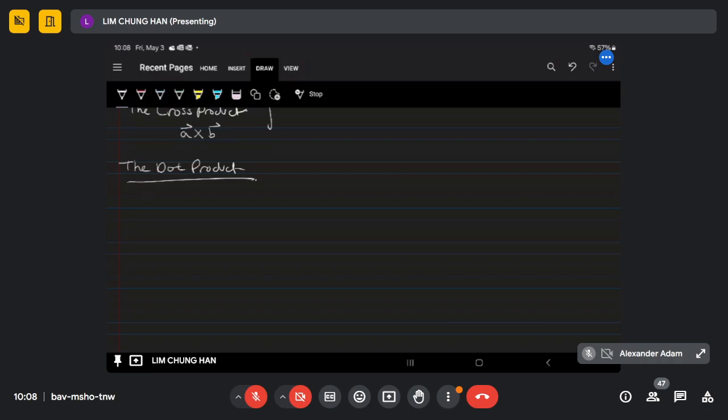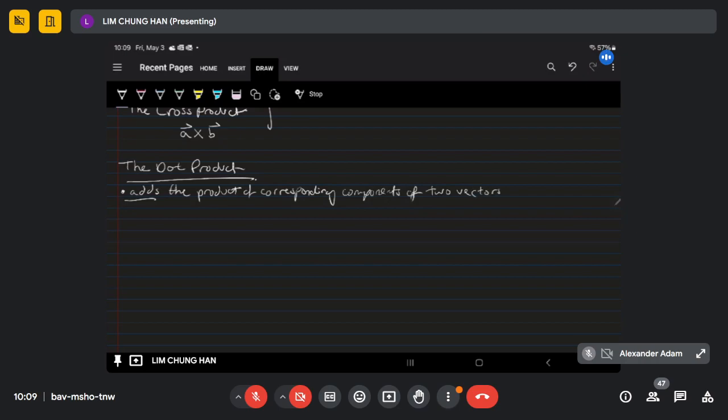So the dot product adds the products of corresponding components of two vectors.